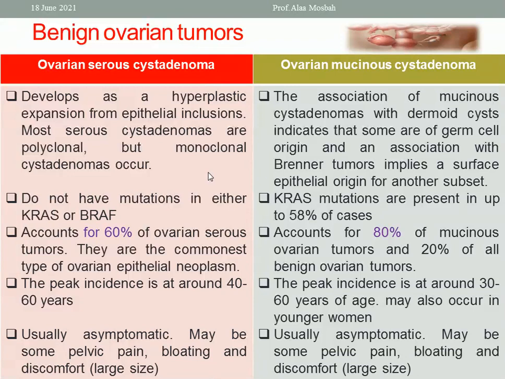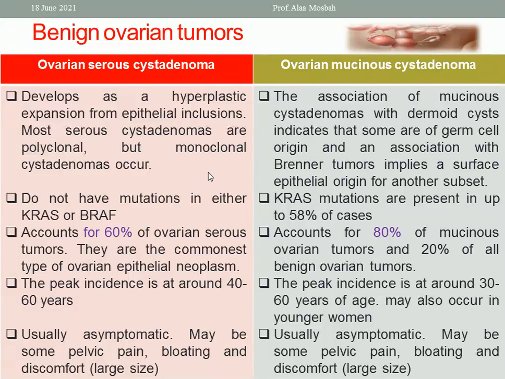What about the ovarian mucinous cystadenoma in comparison to the ovarian serous cystadenoma? The association, you should know this point, because the origin of ovarian mucinous cystadenoma is controversial. Why? Because it was noticed that you can see a case with mucinous cystadenoma with dermoid cyst, and this indicates it is of germ cell origin.